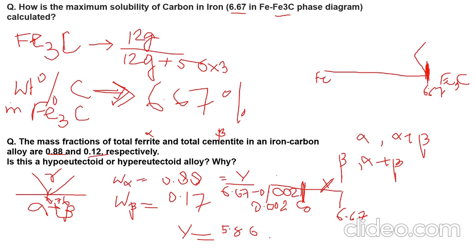Then what is actually y? Y is nothing but 6.67 minus your C naught, which is equal to 5.86, right? So you can calculate the value of your C naught.